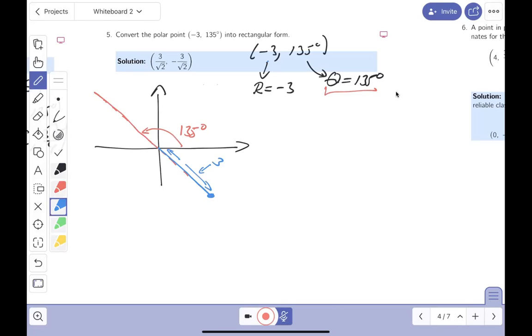Let's go through it. Let me draw a little triangle down. In my triangle, I know that this side over here is 3. What's this angle over here? It's 45 degrees. So I've got a really nice reference triangle. I'm looking at the x coordinate, and I know the x is a positive number. I'm looking at the y coordinate, and I know that's a negative number just by looking at my picture.